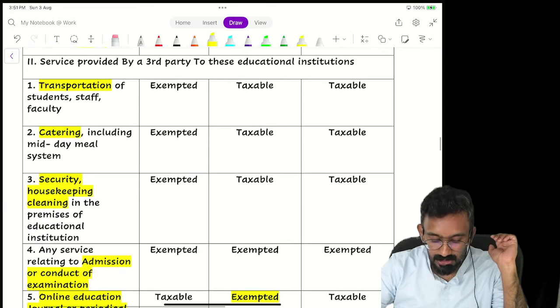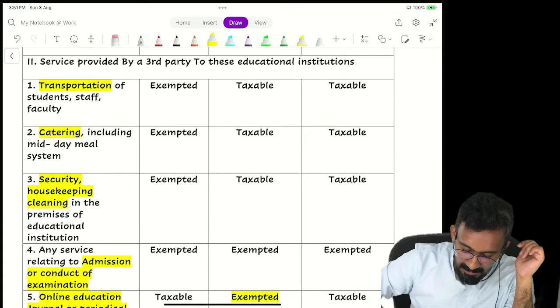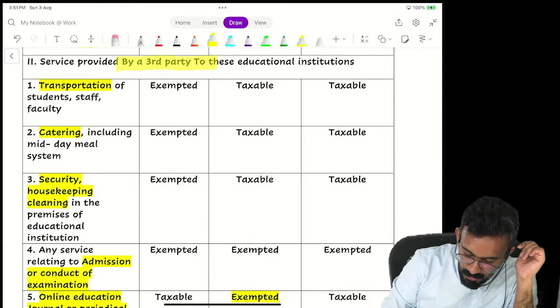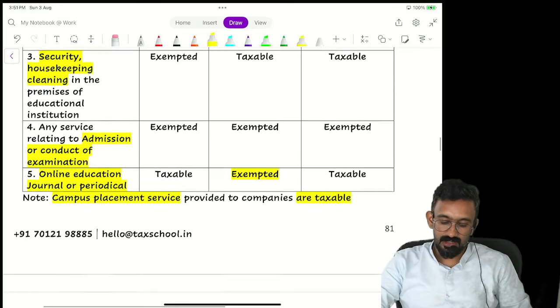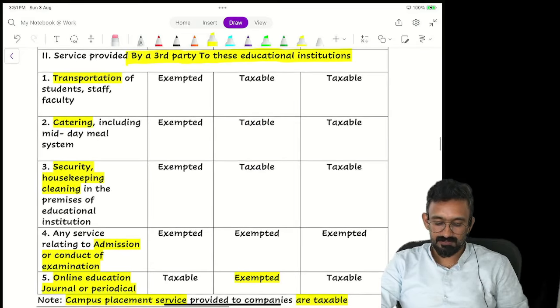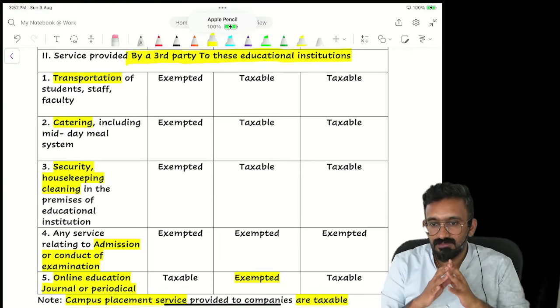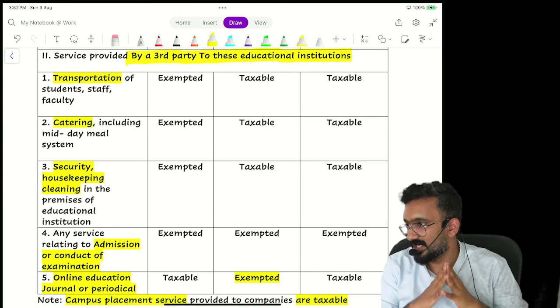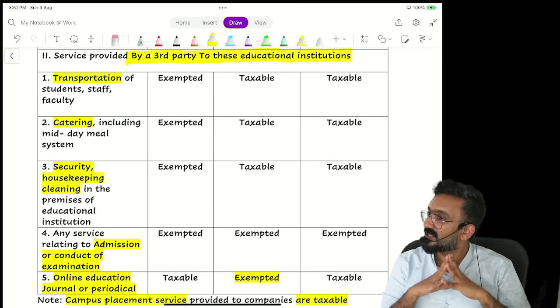Then they also brought in another exemption. This time the exemption is provided by a third party to these educational institutions. How many of them are there in exemption? 5. You tell me, what category of exemption is it? Analyze, guys. This interpretation is what is required for you to remember things. What is it?